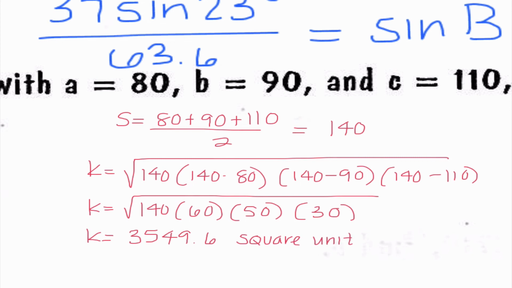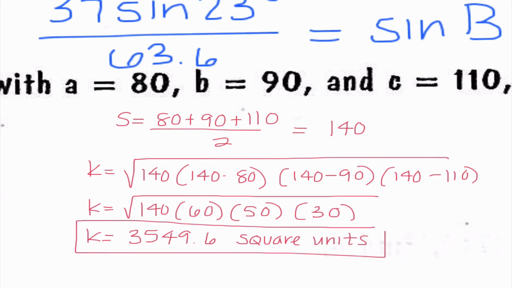And it's important that we pay attention to what the directions are asking us to do. Sometimes with area, we'll see that it asks us to find the nearest whole unit, and in this case, we would say it's 3,550. So we just need to pay attention to the directions.